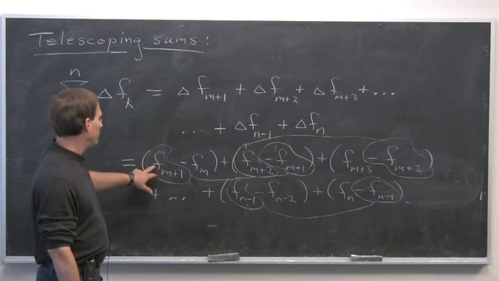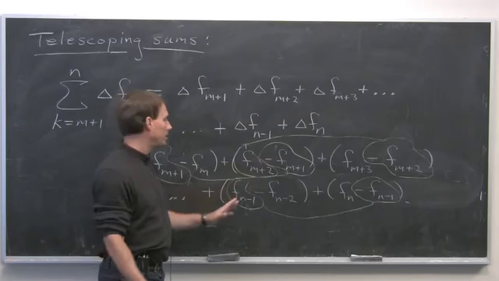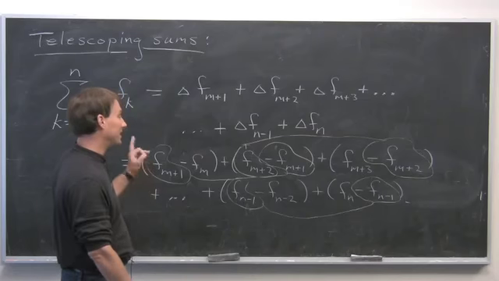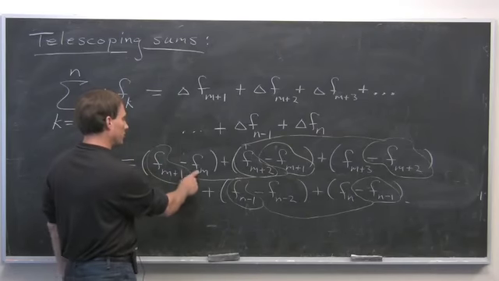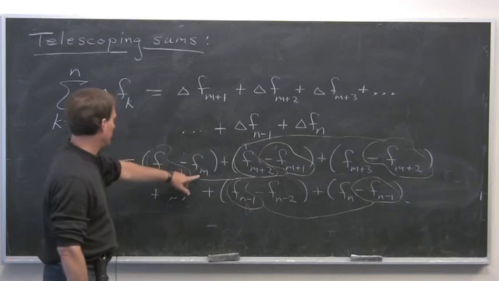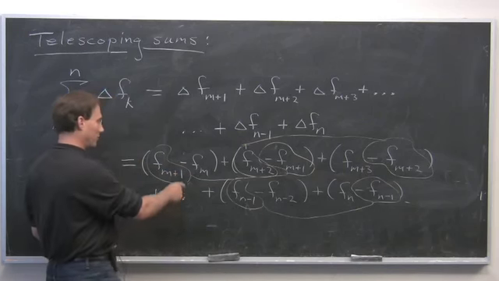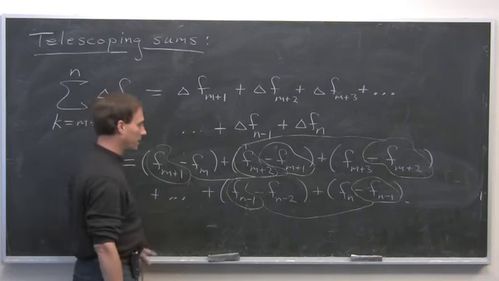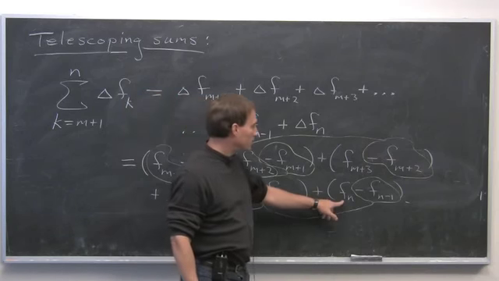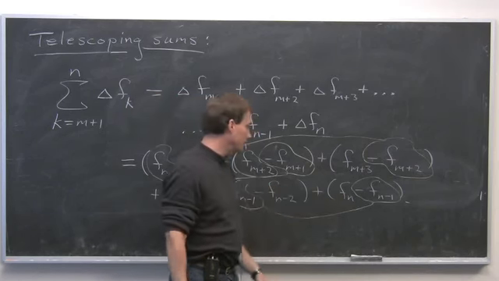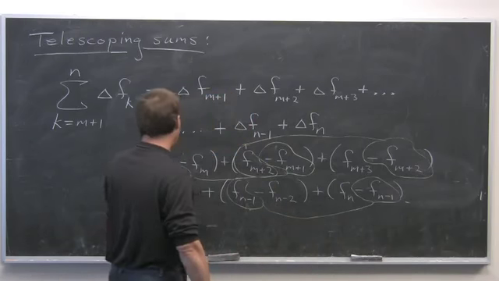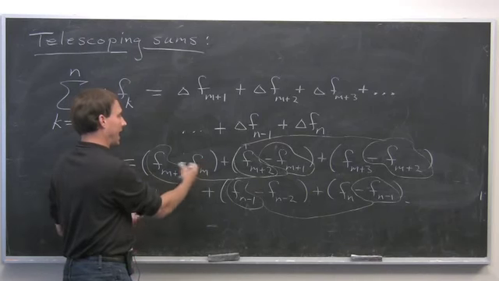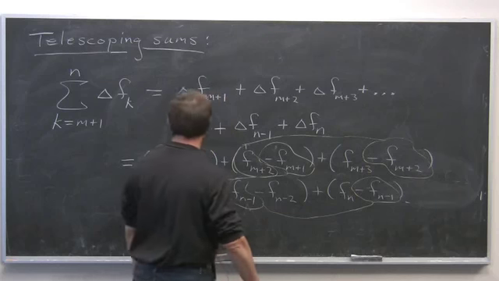Everything appears in pairs, one with a plus, one with a minus, except this lowest index term, minus f sub m, and this biggest term, the highest index term, f sub n. Those are the only two that don't pair up because there's nothing below this to add it, and there's nothing above this to subtract it.